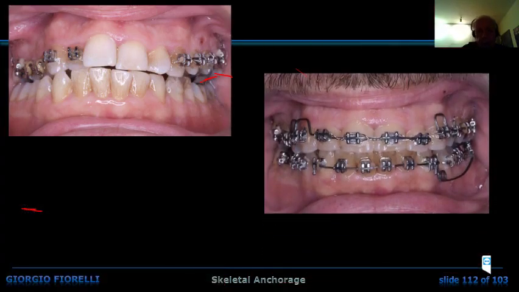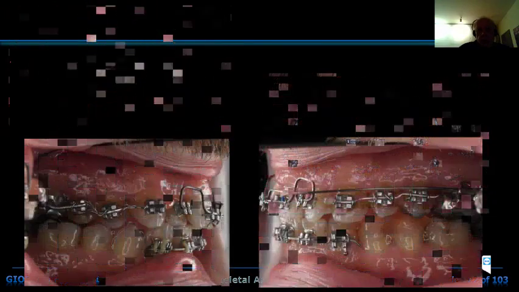And I think that from here to here, there's a lot of work about moving these teeth in this direction and these teeth in this direction. And of course, this cannot be done without skeletal anchorage because it's totally impossible. There's no way you can treat a case like that.